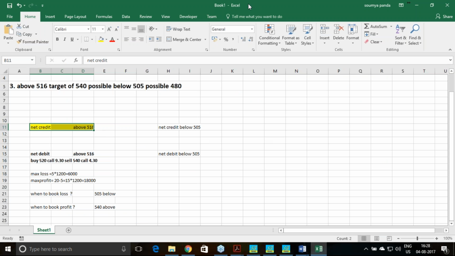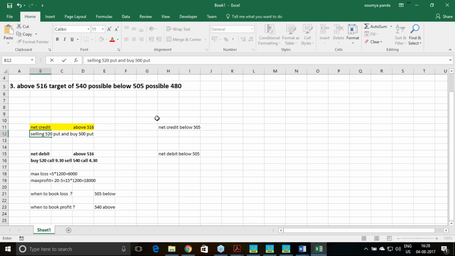I am not going to involve myself in any call-related thing because it is going up. If I am selling any call, it will be a problem. I cannot buy any call also because it will become a huge loss. Someone selling a put option and buying a call option, it will be a huge loss if the trend changes. So I will be selling 520 put and buying 500 put, receiving the net credit.